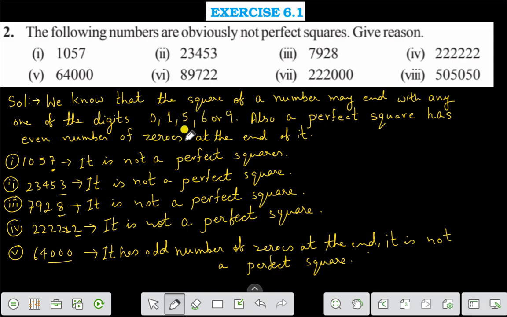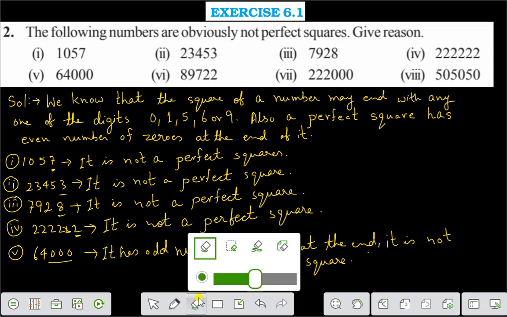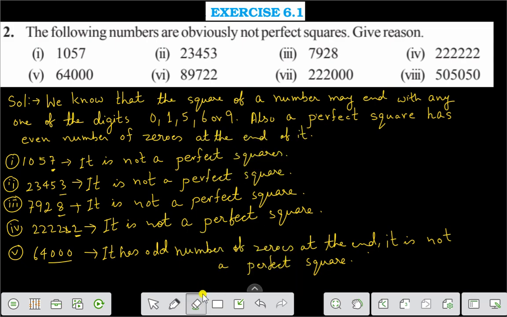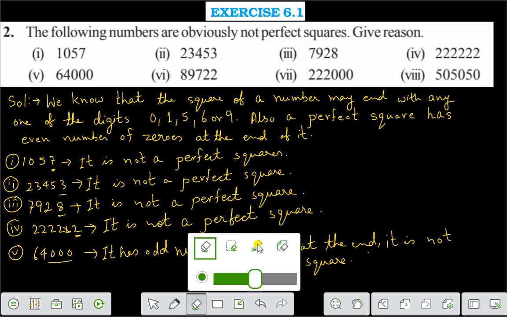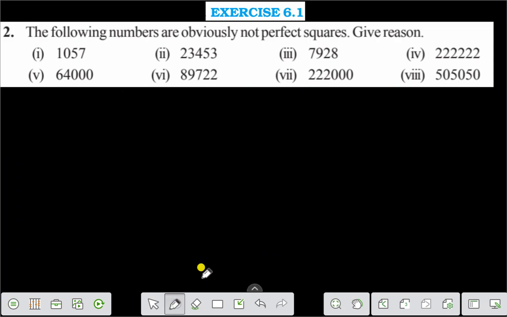Also a perfect square has an even number of zeros at the end of it. Question number 6 is 89722.